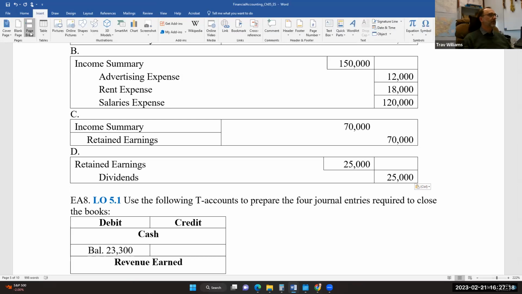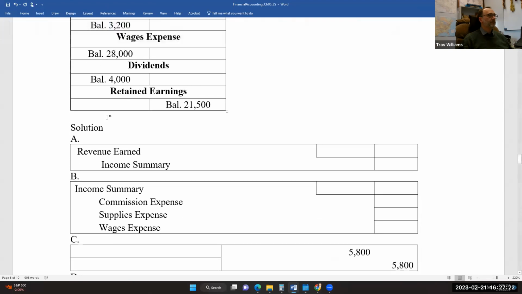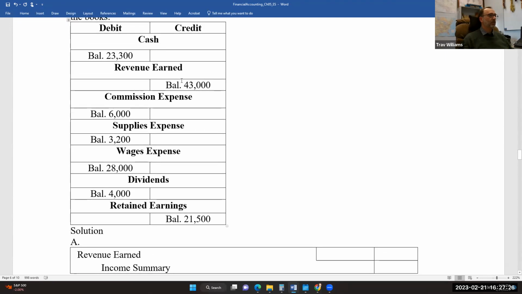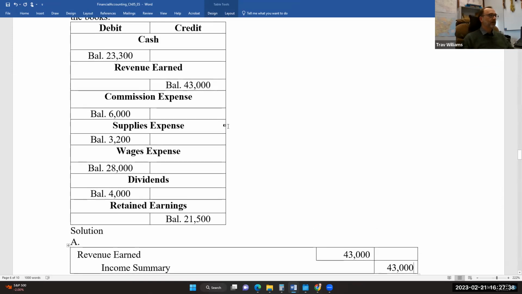Number 8 is going to be similar. Let's see, what was our revenue account? We had 43,000. That's our only revenue account. Close it out with the debit. Credit to income summary. Then our expenses.